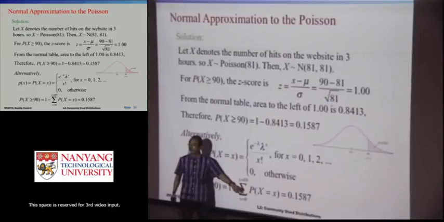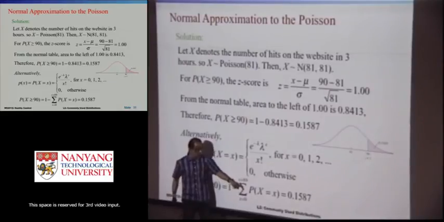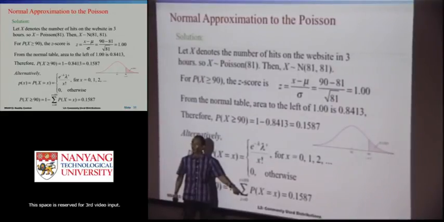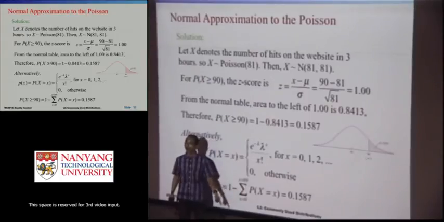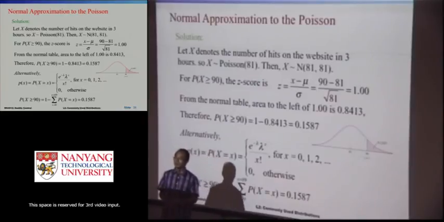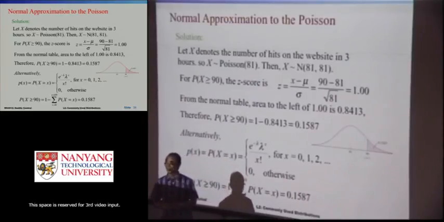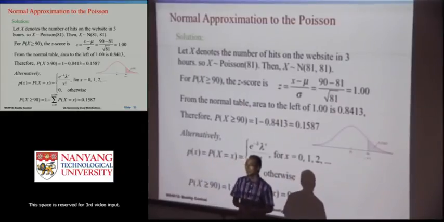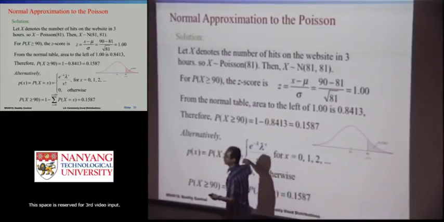Okay, there is nothing wrong. The only drawback is this will be very tedious. You need to calculate 90 items here. If you are on Saturday and Sunday with nothing to do, you can just calculate it one by one. But if you are in the exam hall, do you have the time to calculate 90 items? No. You want to get the answer very quickly, right?